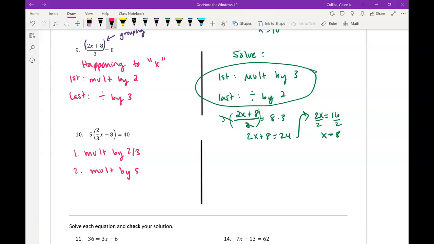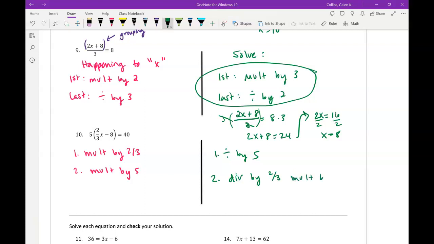So to undo that, to solve, you could start by dividing by 5 first. And then the very last thing you would do is unmultiply by 2/3. That is the same as dividing by 2/3, which is multiplying by 3/2.